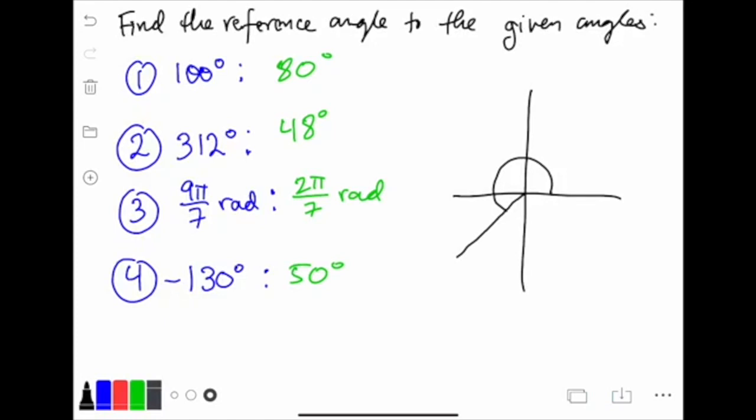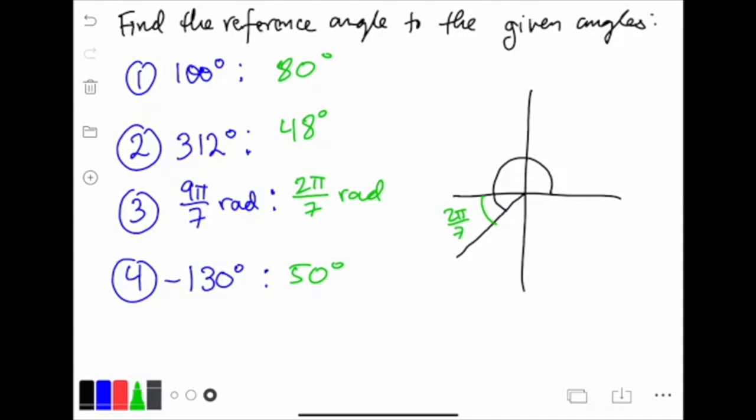So how many pi over 7s did we pass over half a revolution? Twice. So that would be 2 pi over 7 radians. And you could confirm this would be a positive angle, which is between 0 and 90 degrees.